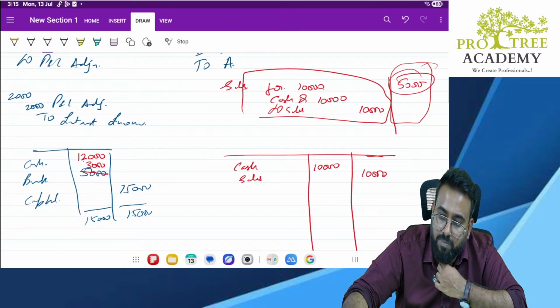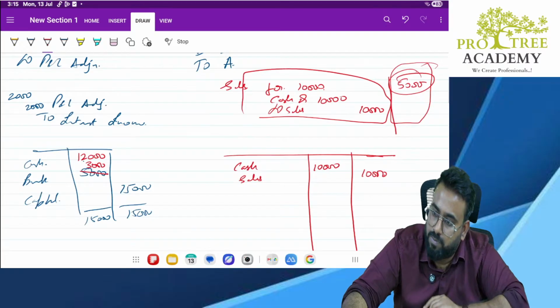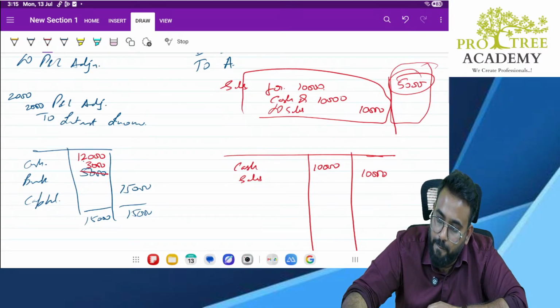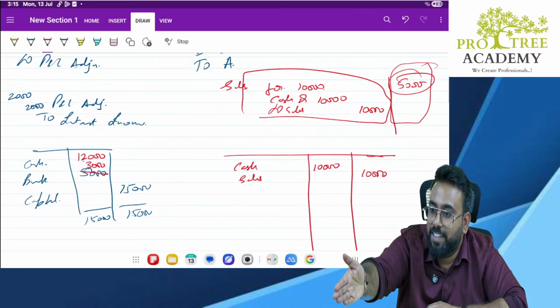You said we withdraw 10,000, and the entry should be cash account debited to bank account, but we do it the opposite way, bank account debited to cash account. You said bank account and cash equivalents are the same, then how does it make an impact? It doesn't make an impact, sir. That is what I am telling you. Compensating error will not make any impact in the trial balance. But the problem is you have recorded the wrong entry.